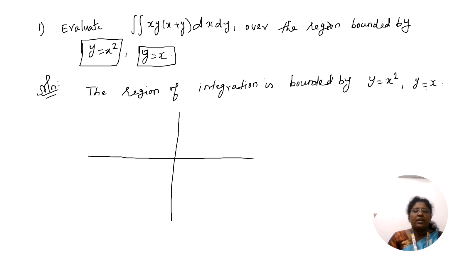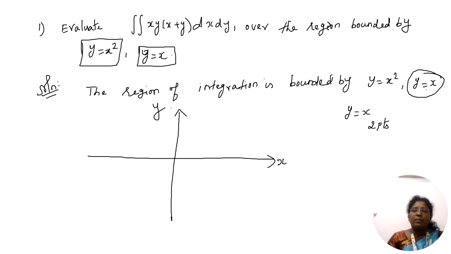Draw the diagram, consider the x-axis and y-axis. First let us draw the straight line. y is equal to x is the equation of a straight line. To draw any straight line we need at least 2 points.